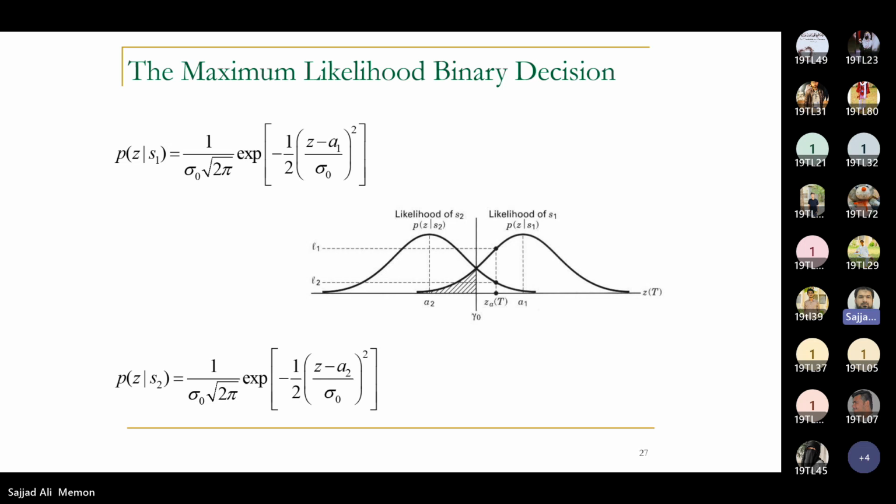Whereas gamma naught is exactly in between. On one side it is A2, on the other side of the hypothesis is A1. And we can replace N with Z minus A1 and A2.